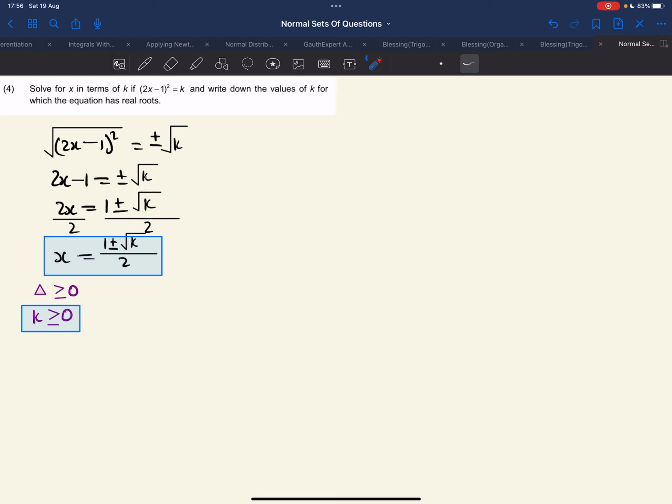According to the quadratic formula, what's inside there is basically given as the discriminant equals b squared minus 4ac. But in our case, we could identify that it's just k. So that means the nature of roots inside this must be greater than or equal to 0, meaning that our k has to be greater than or equal to 0. Hope that's understandable.